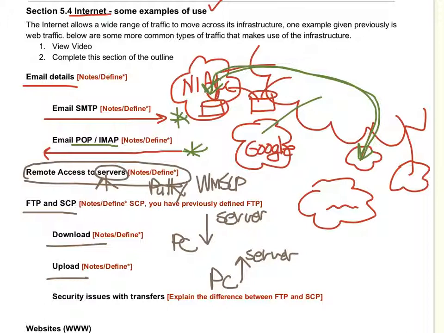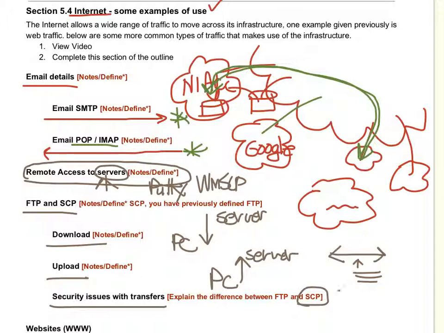When we move traffic through the internet or through any network, and it's going through intermediate devices, there's always a chance for somebody to intercept the signal and look at it and so forth. Security with transfers: SCP is secure copy.